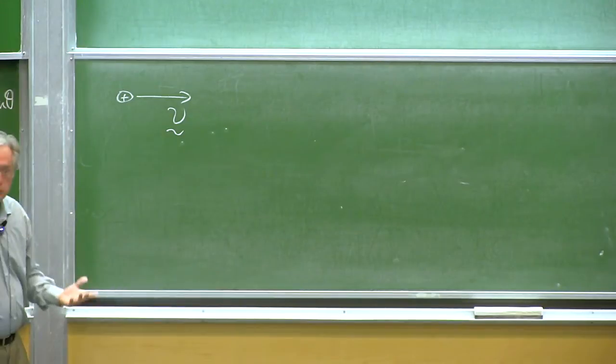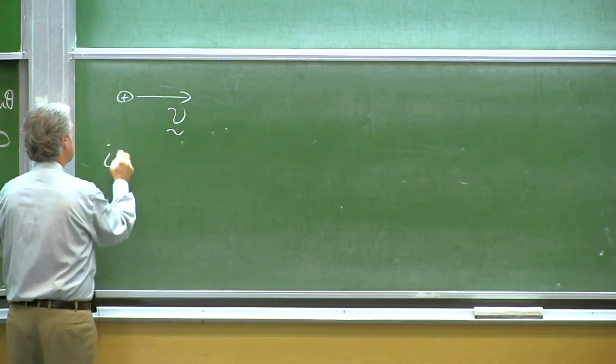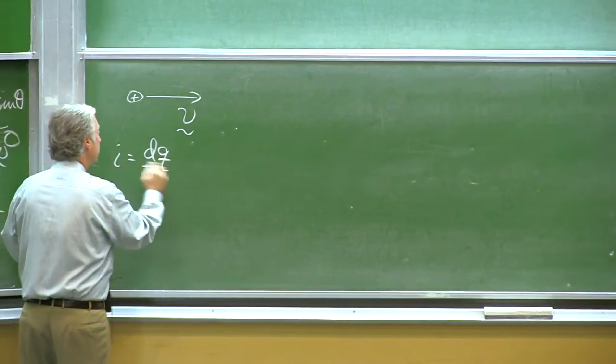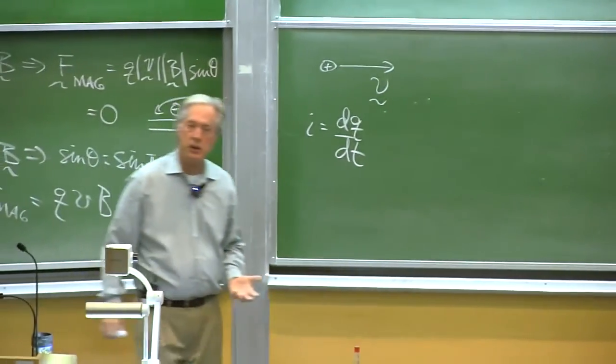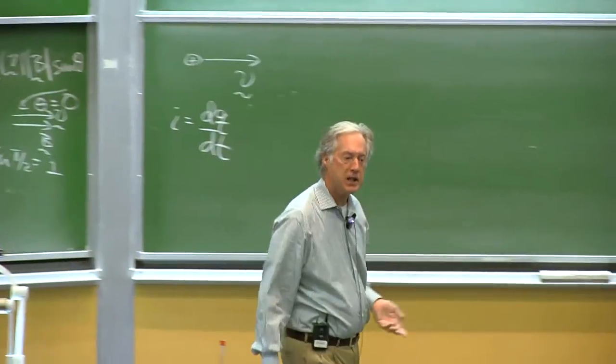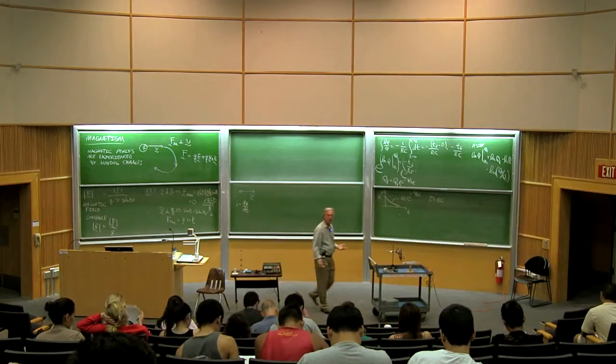current, electric current, is dq/dt, and it's the amount of charge passing through a defined area that we pick.